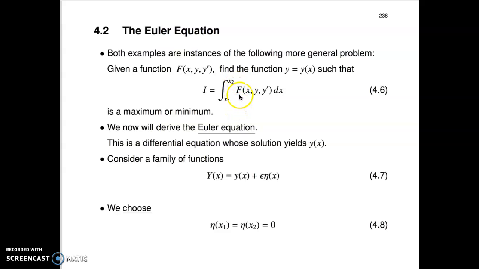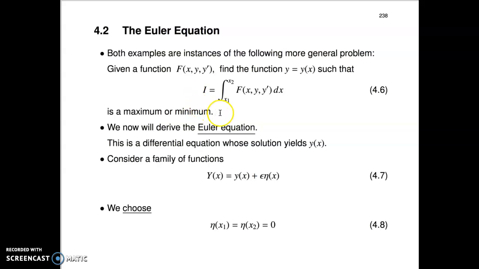Okay, so you're given big F, but you're not given y. You don't know what the function y of x is, therefore you don't know what y primed is either. So let's say if you did happen to know what y was as a function of x, you calculate this integral, it is a definite integral, so your answer to this integral is a single number, okay?